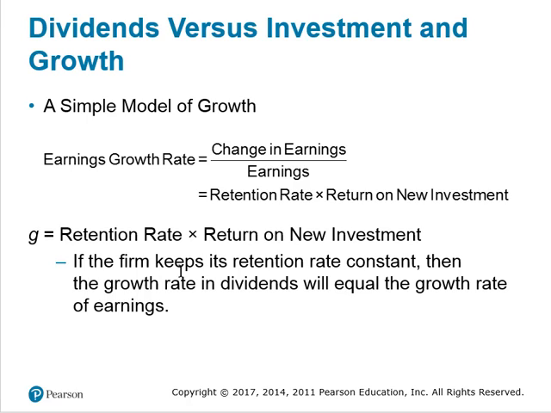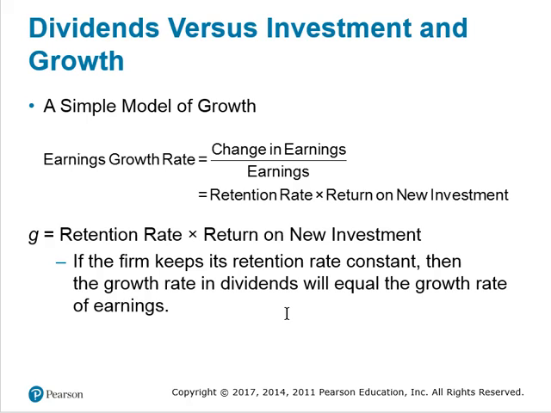So if a company keeps the retention rate constant, then the growth rate in dividends is going to be equal to the growth rate in earnings. We were always asked how dividends and earnings are related to each other. They are related, and one certainly can calculate dividend growth based on earnings growth, but we have to make an assumption.